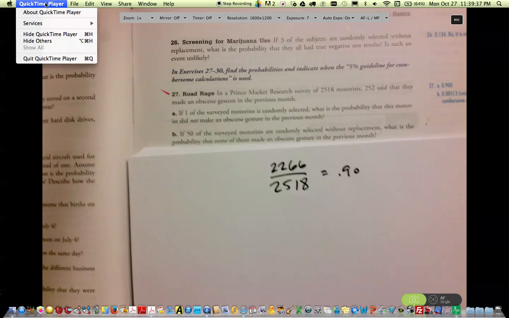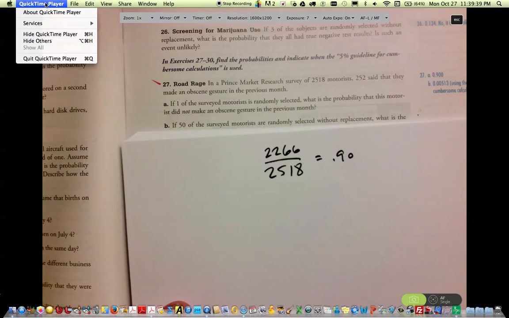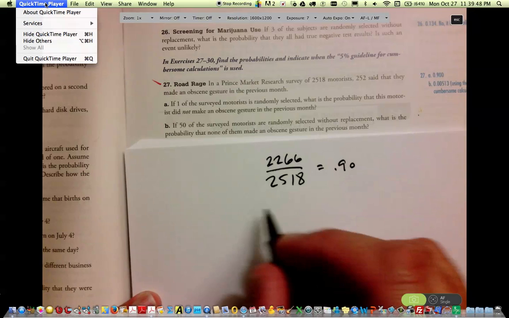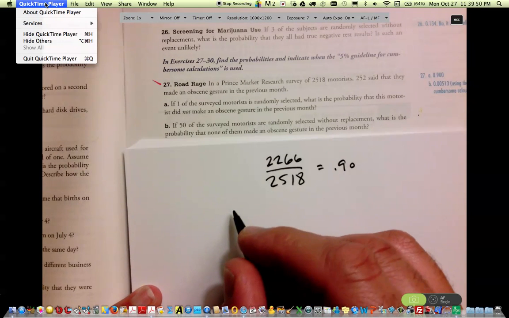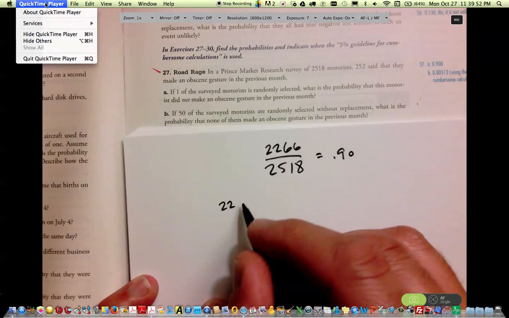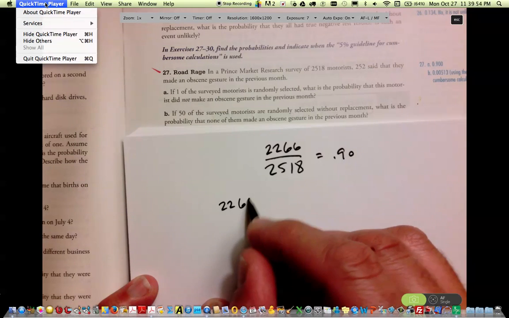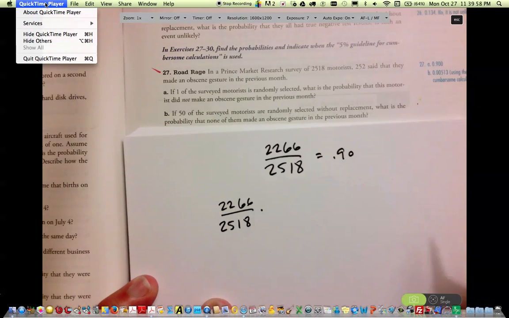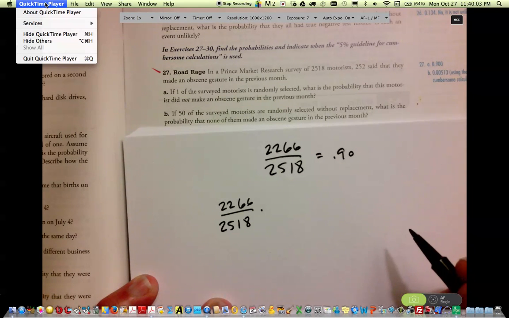Okay, next one. If 50 of the surveyed motorists are randomly selected without replacement, what's the probability that none of them made an obscene gesture? All right, so if we look at this, here's what we're going to have to do. We're going to have to say 2,266 out of 2,518 would be the probability that the first person I asked did not flip somebody off.